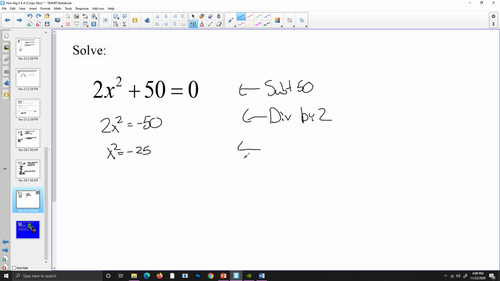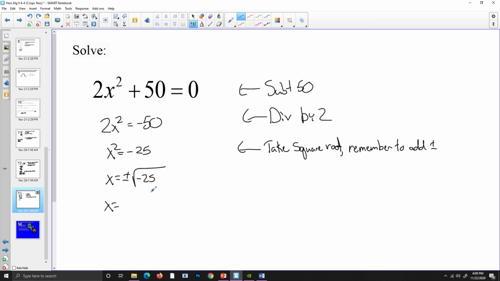And then I have to take the square root, and add plus or minus. And so I've got x equals plus or minus the square root of negative 25.